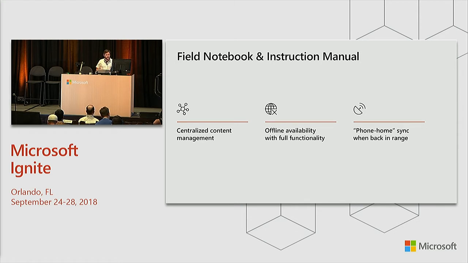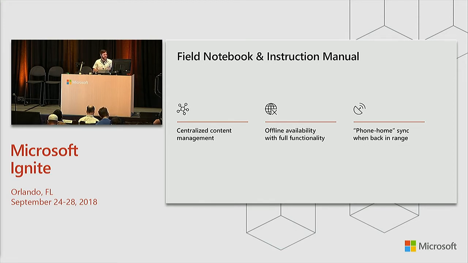So with OneNote, you have the folks back at base who have the OneNote notebook. They put all of the content into that OneNote notebook. They can make changes. They can put in new stuff. And when that operator is at base where they have Wi-Fi, all of that syncs down onto their device.